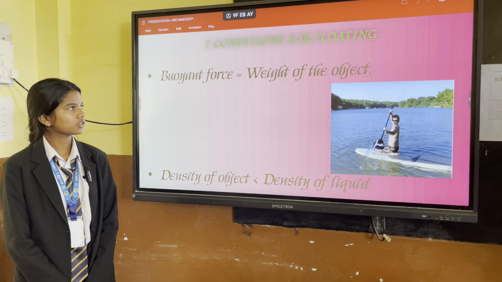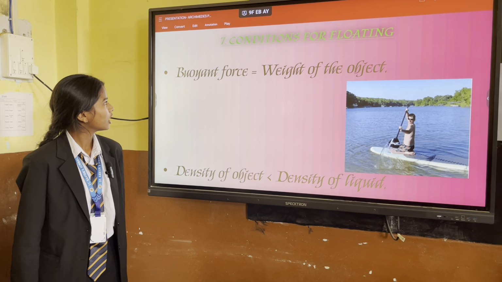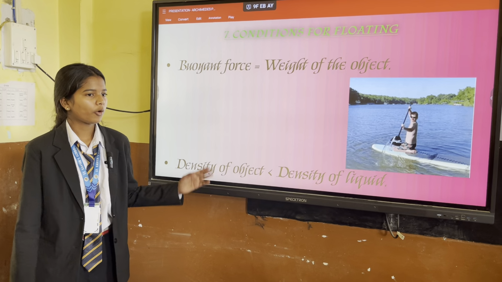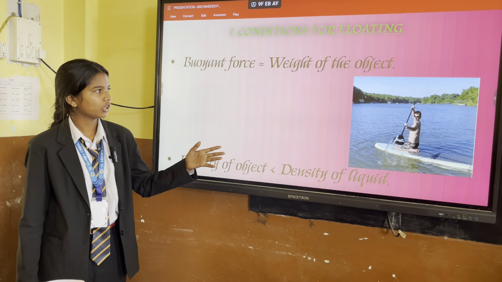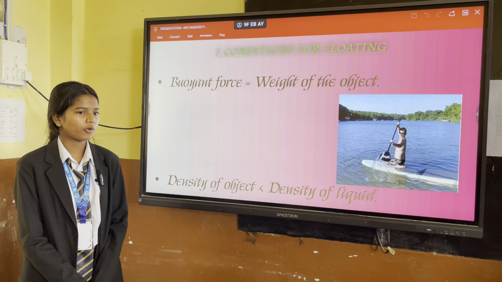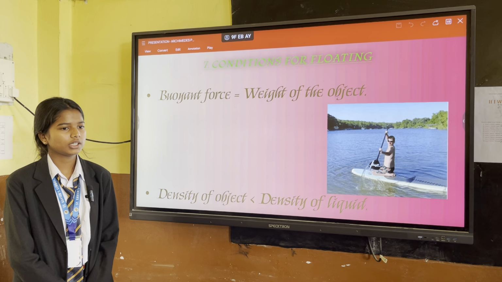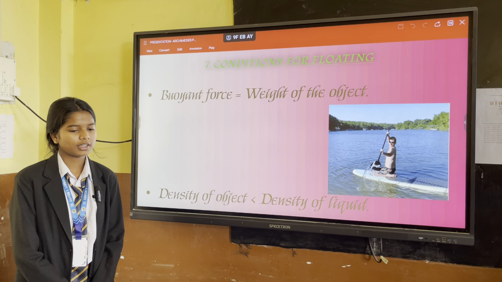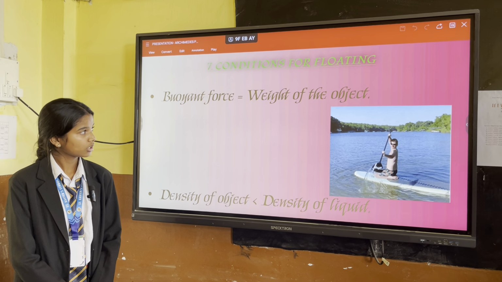Topic is conditions for floating. There are two conditions in which an object will float. Buoyant force equals the weight of the object. It means when the buoyant force acting on a body is equal to the weight of the liquid displaced by it, then the object floats.